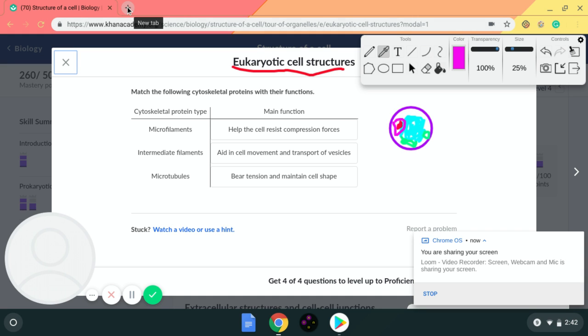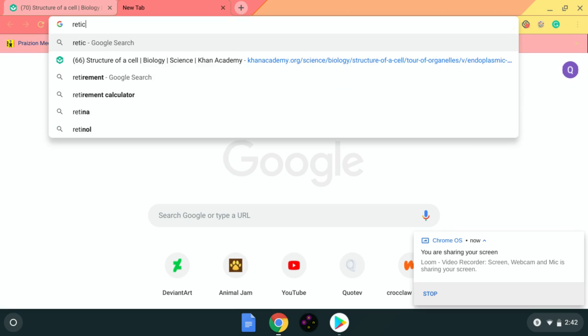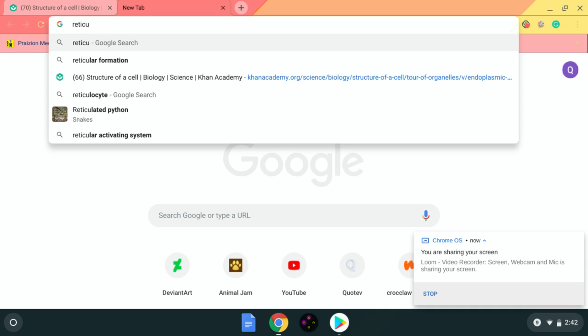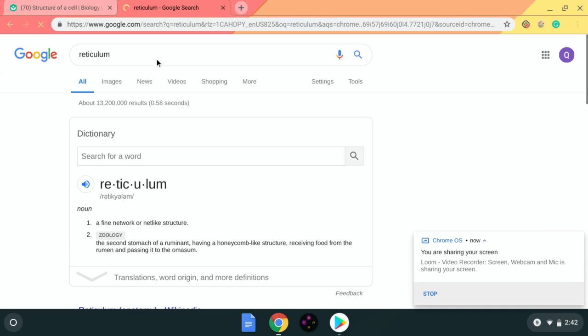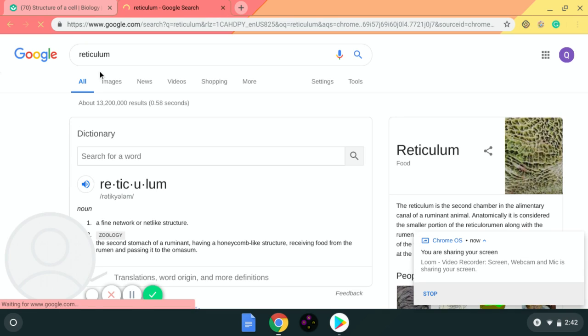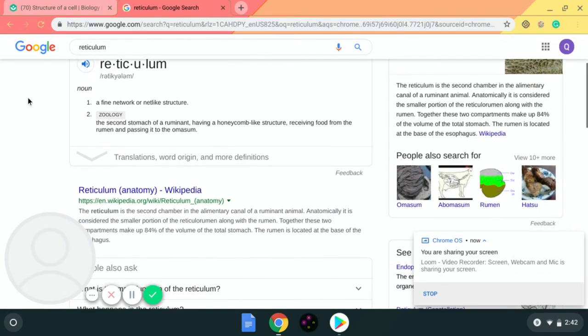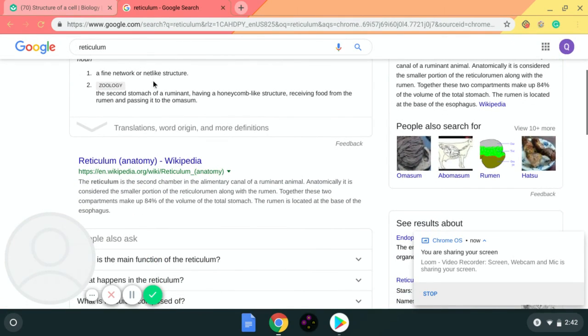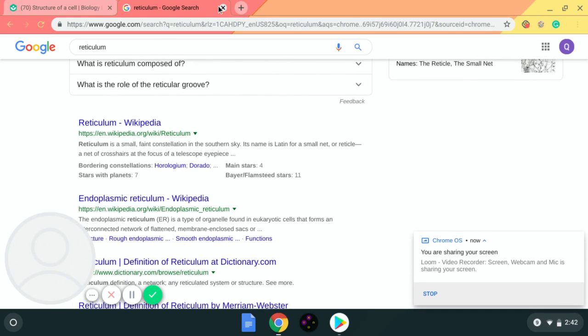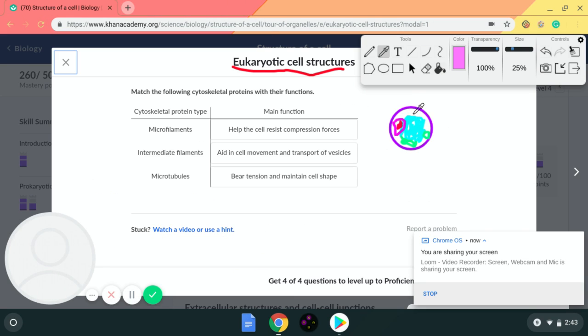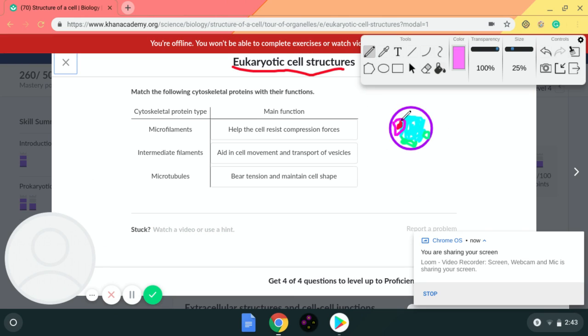Wait, what was it again? Give me a moment. What was it? Okay, yeah, endoplasmic reticulum over here. And stuff like that. But it is more than just that.